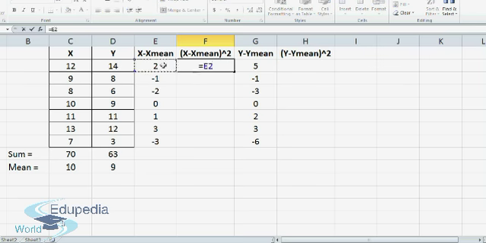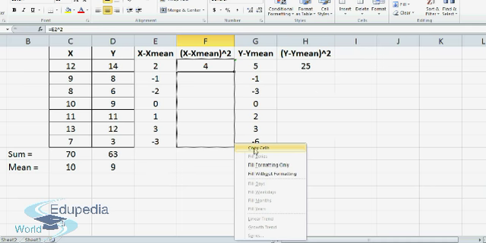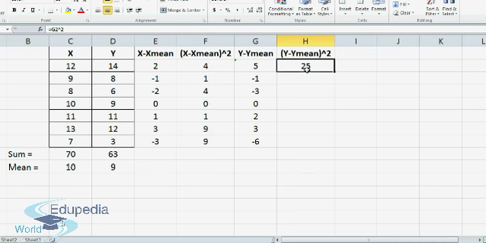And that's simply the square of the values in the previous column. Let me drag it down to all the cells down here. So we have the squares of both of these.